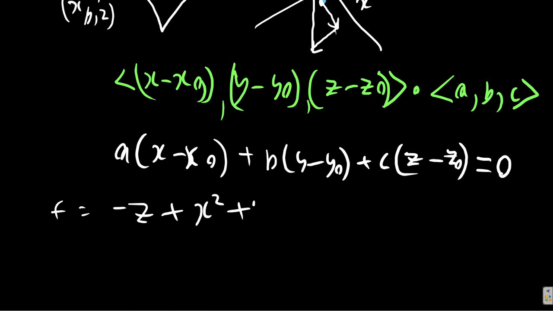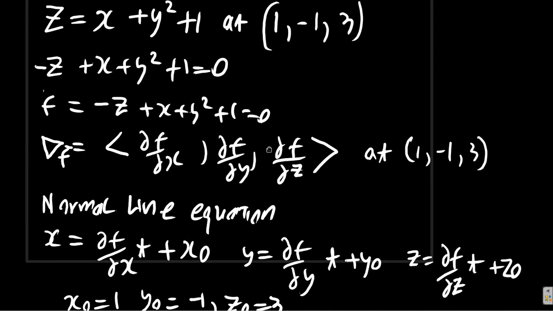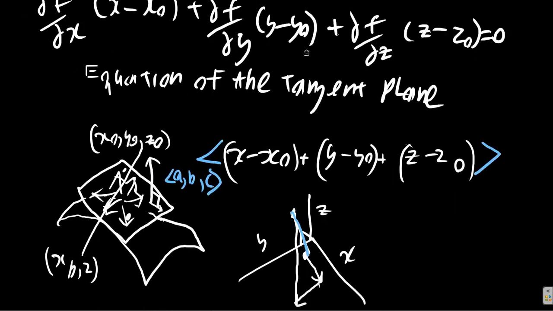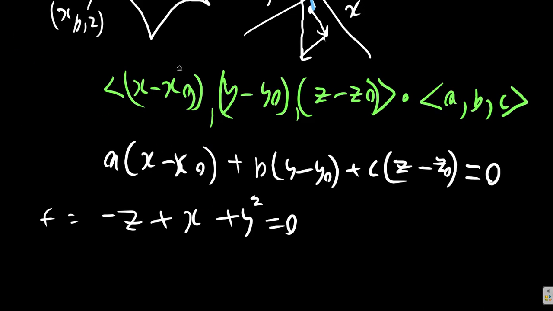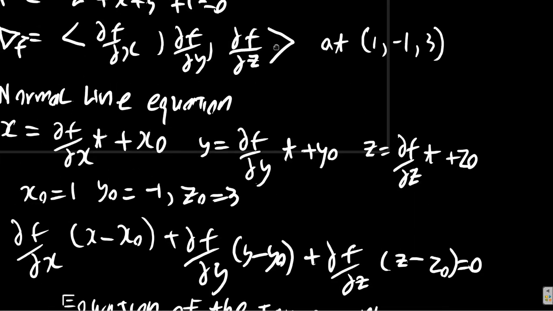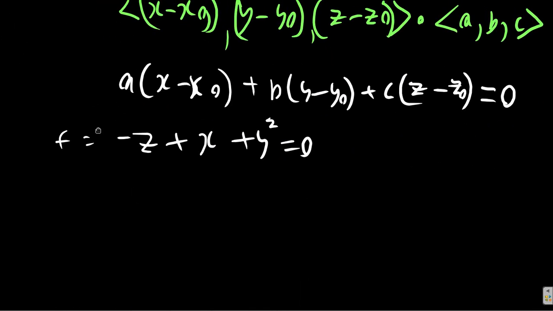Negative z plus x plus y squared. It was x plus y squared. Oh, was there a plus 1? Yeah, plus 1 equals 0.